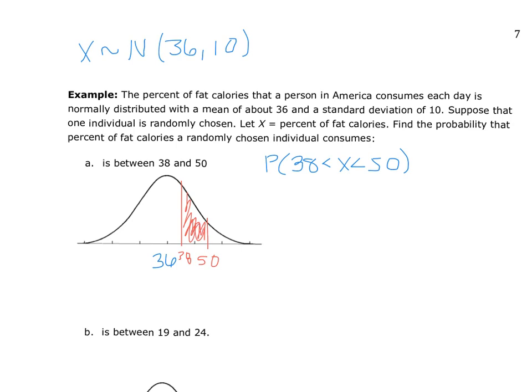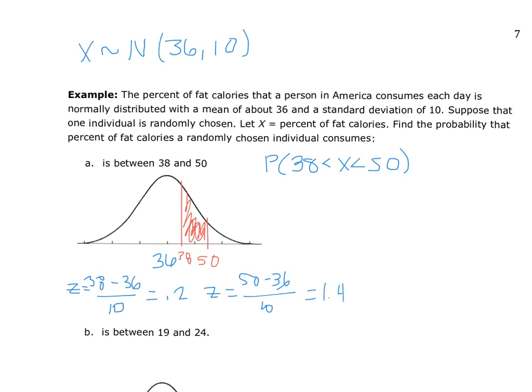Okay, we want to convert those values of x to z-scores. So we'll take the 38, subtract 36, divide by 10. That gives us a z-score of 0.2, and for the 50, we get a z-score of 1.4.